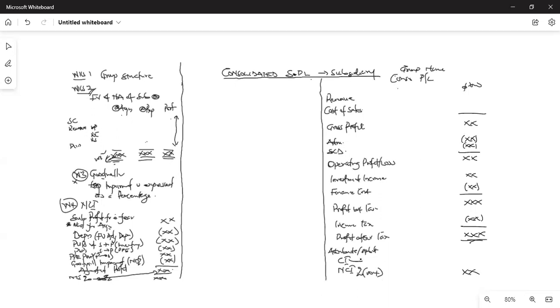Then the difference, which is the balancing figure, between this and this is what will give you the profit attributable to your controlling interest shareholders. So this balances with this, but the difference between this and this will give us this. All right, so note that.